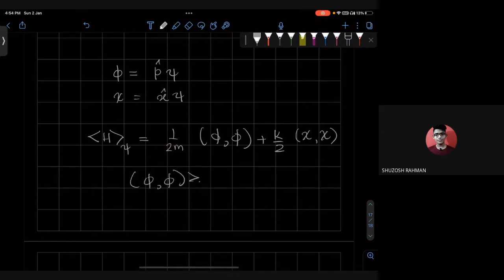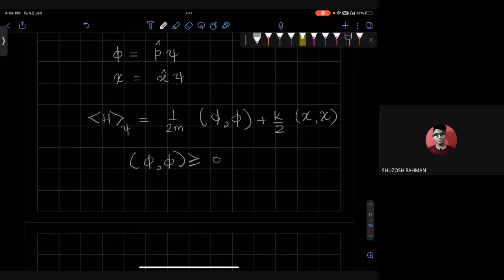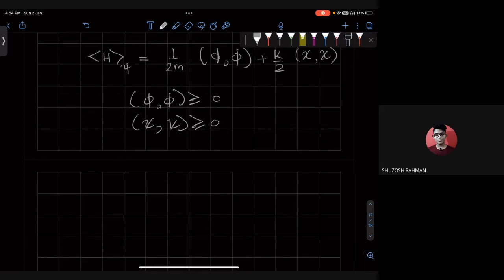Since this is greater or equal to 0 by definition, and this is greater or equal to 0 by definition, the expectation value of H is greater or equal to 0, for all psi.